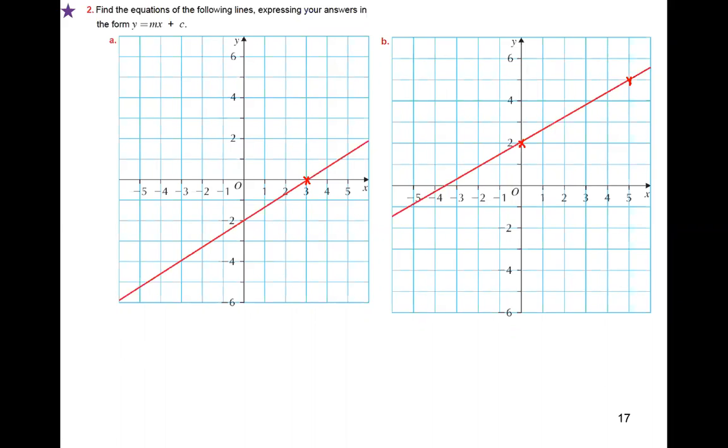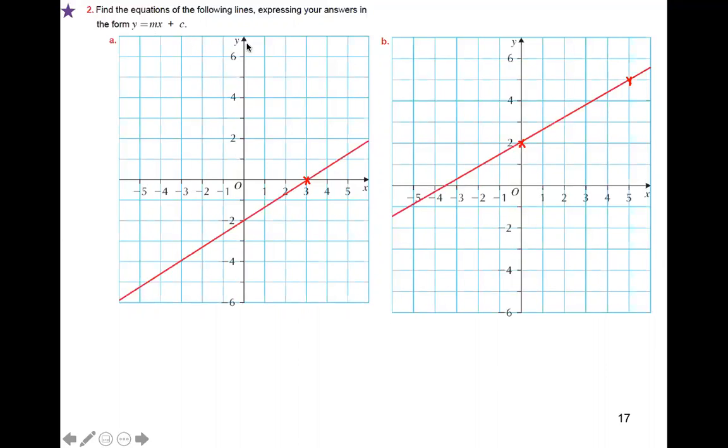Okay, so basically in this first homework, we've been asked to find the equation of a straight line and to give the straight line in the form y equal mx plus c, m being the gradient and c is what we've called the y-intercept.